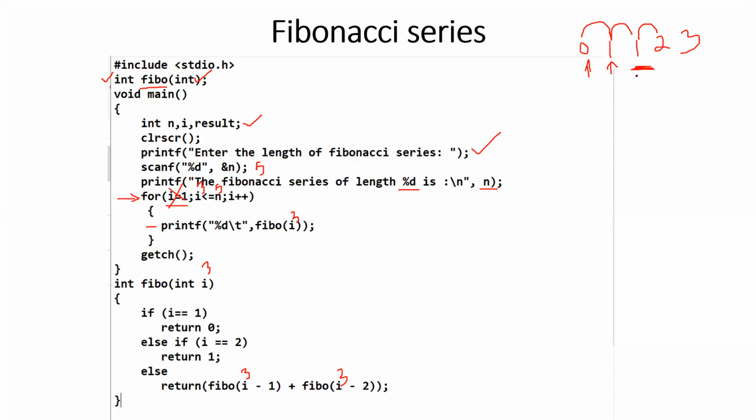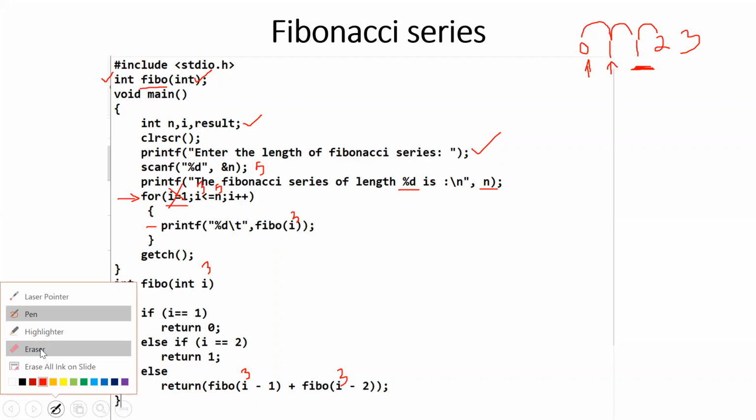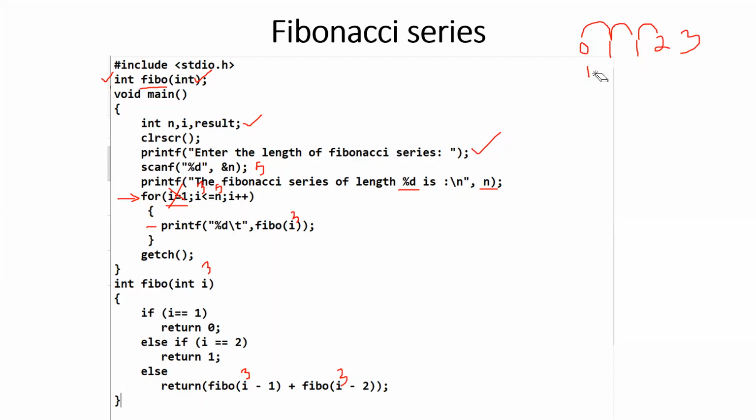So we can apply it only if we have the previous two numbers, and if you are adding the previous two numbers to get the current number, this can be recursively called, right? So that's why we are making this recursive call from the third number. Understood? From the third number.